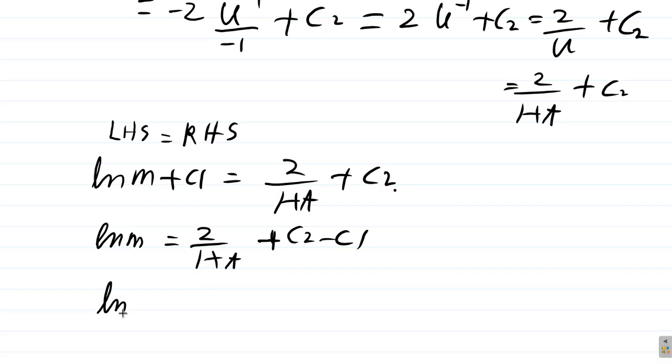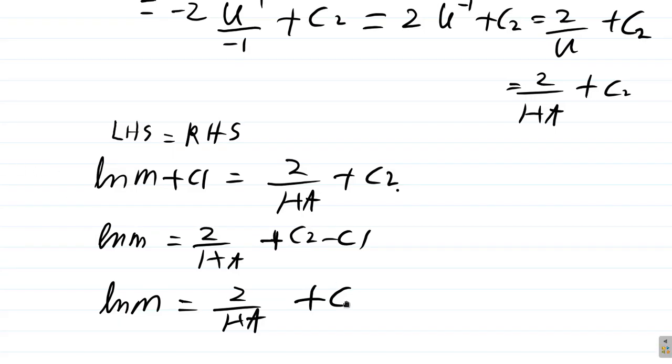So we might as well just write ln m is equal to 2 over 1 plus t plus c3, or just c, since we don't know it. Alright? So you see that?